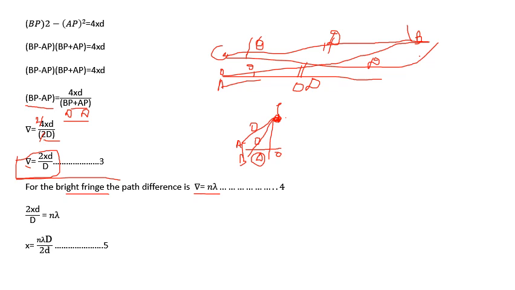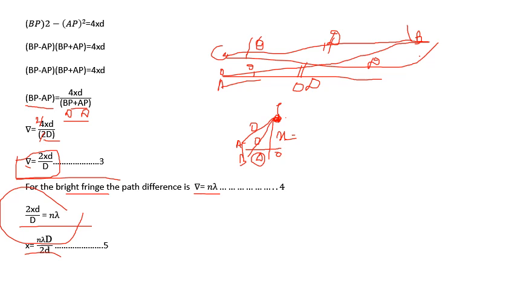So we equate these two, and we get 2xd by D is equal to n lambda, and from this we calculate the value of x. What is x? X is actually the distance between O and P. So this situation gives us the value of x. If we have the value of x, it means what?